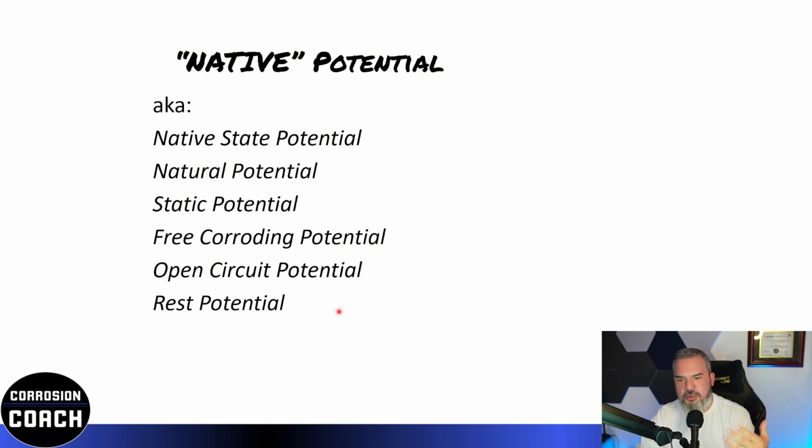Rest potential, open circuit potentials, certainly something you'll hear, especially as you progress through CP1, 2, 3, and 4. You're gonna talk about open circuit potentials quite a bit. So just kind of get used to those. You might snapshot this. You may come back and refer to the video, note it, put it up on your board if you're taking a course or something like that. All that means the same thing as native.